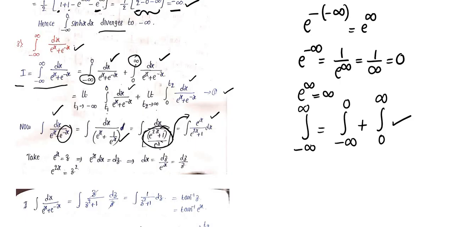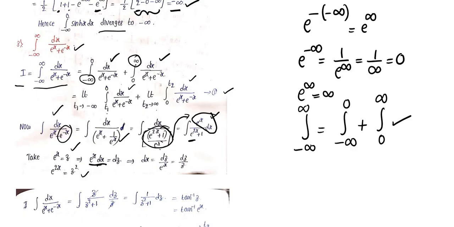Now I am going to evaluate this integration by using the substitution e power x equal to z. The differentiation of e power x is e power x dx, and the differentiation of z is dz. From this, e power x dx is dz. So replace e power x dx with dz. Here I have e power 2x, so I need the e power 2x value, that is z square.